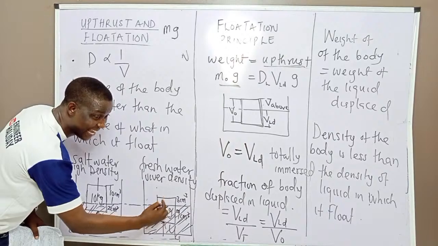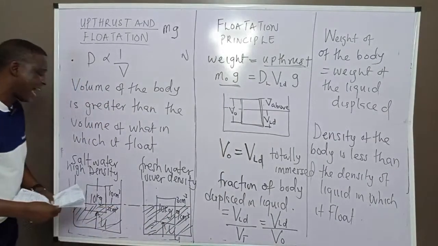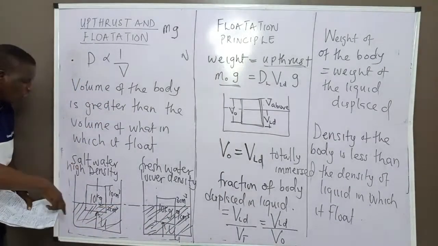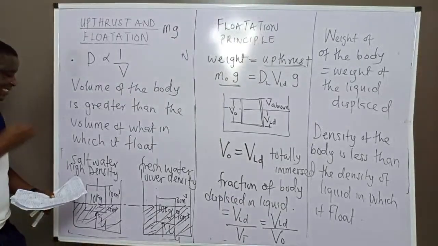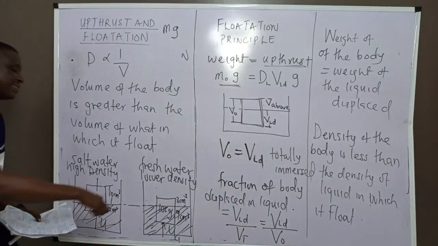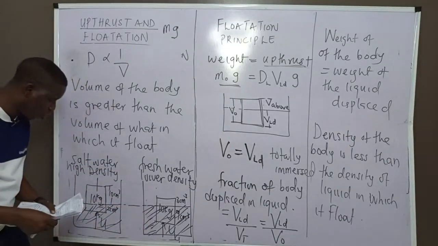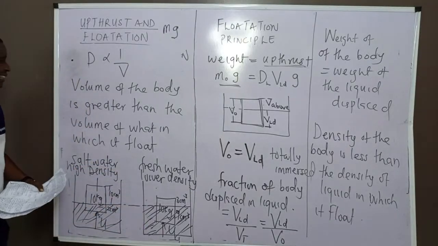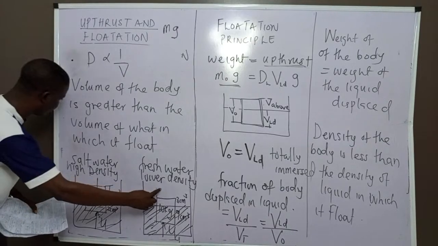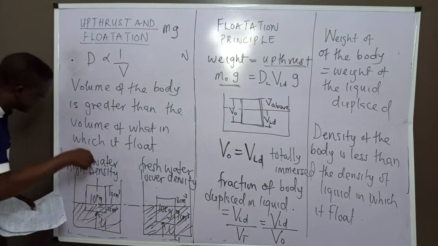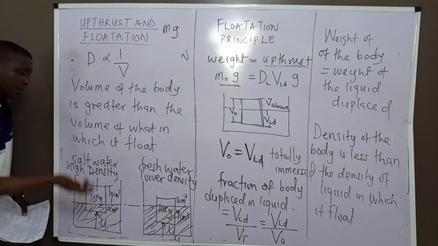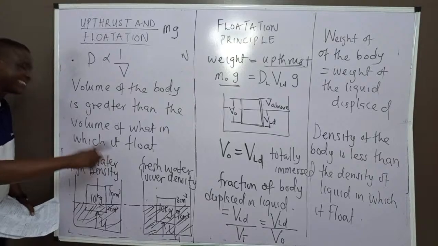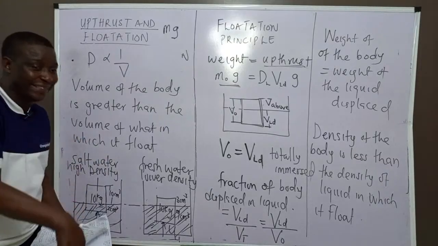The body does not sink more in a higher density. So a body that sinks lower, that means goes down lower, is in a liquid of lower density. Take note of that. And a body that sinks higher, that means comes up higher, is in a higher density. Sinking has to do with depth.